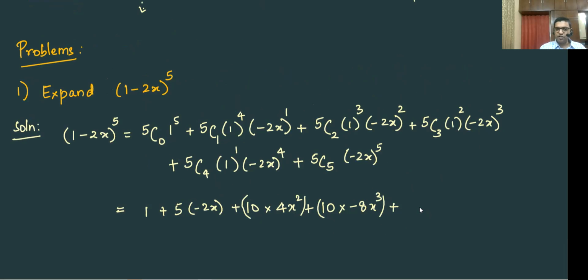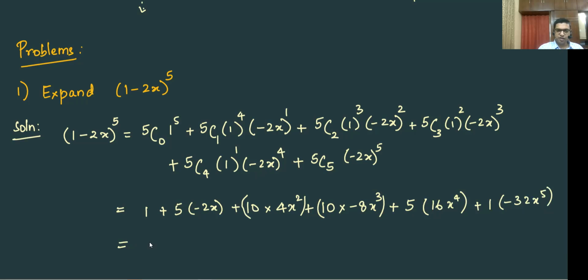Then 5C4 is 5 into 1 into (minus 2) to the power 4, which is plus 2 to the power 4, 16, x to the power 4, plus 5C5 is 1 into (minus 2) to the power 5, which is 32 x to the power 5.